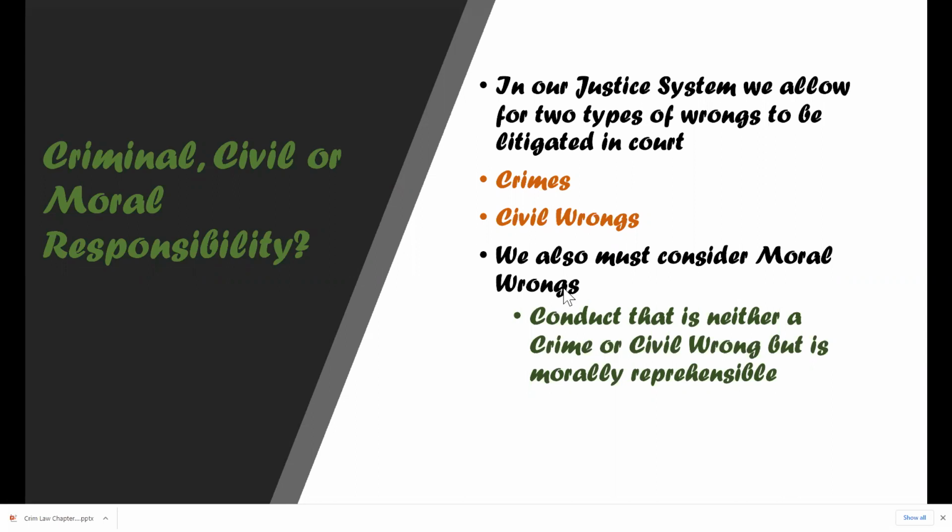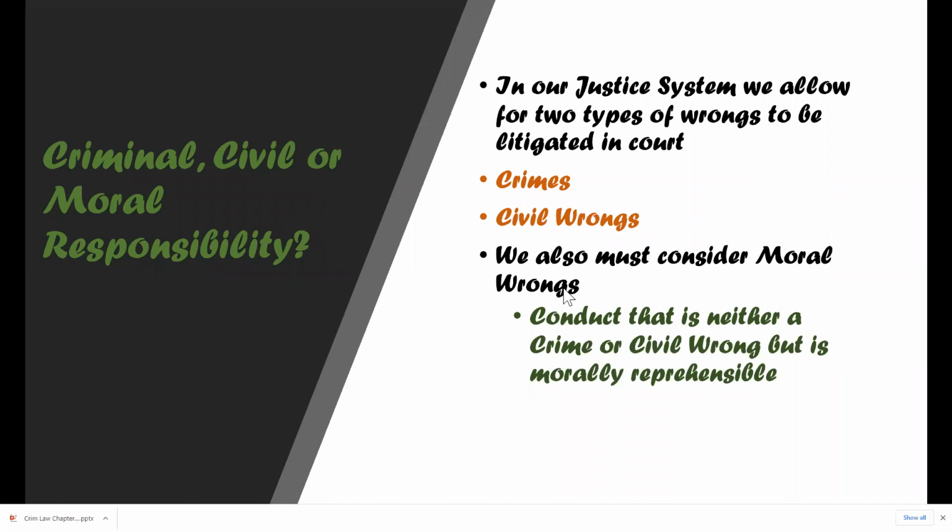And that's conduct that is neither a crime nor a civil wrong, but is morally reprehensible, such as lying. Not lying on the oath, that's a crime, but just lying to a friend, cheating on your boyfriend or girlfriend. Those are morally wrong acts, but they are not civil wrongs. You can't sue somebody for that.